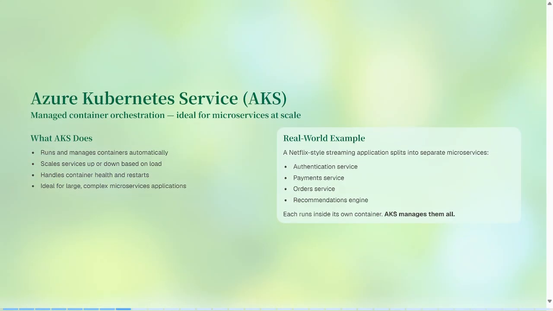Azure Kubernetes Service. Azure Kubernetes Service is Azure's managed Kubernetes service that simplifies container orchestration. It is the ideal solution for running large-scale containerized applications, especially those built using a microservices architecture. Before we understand Azure Kubernetes Service, let's quickly answer one question.